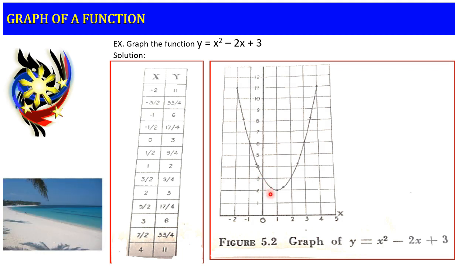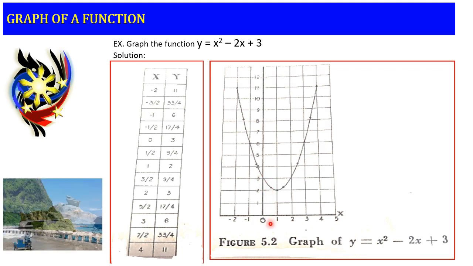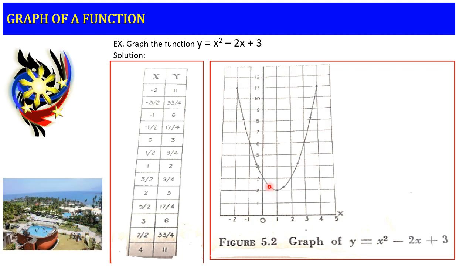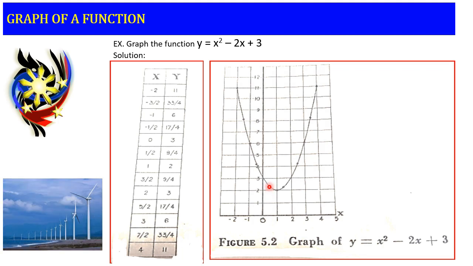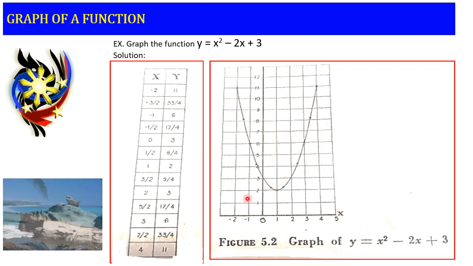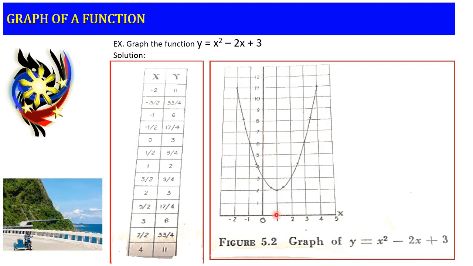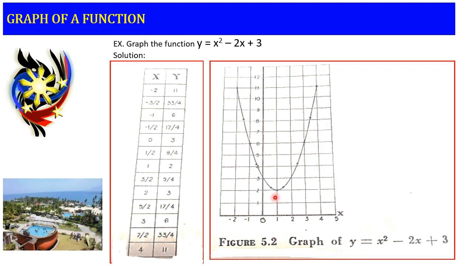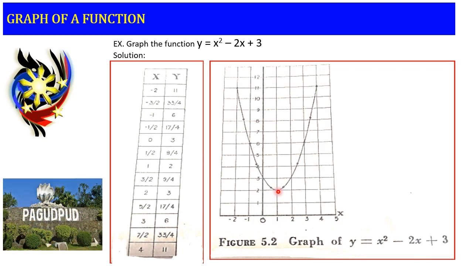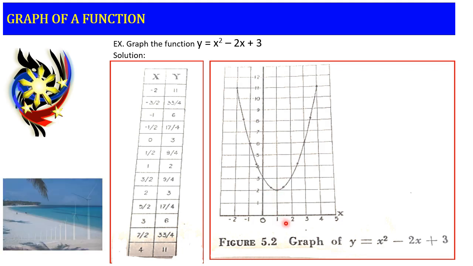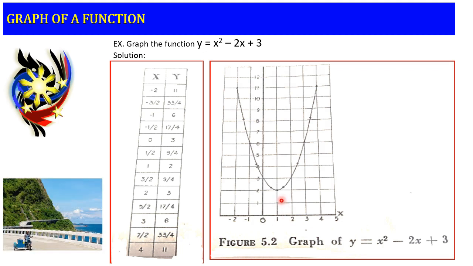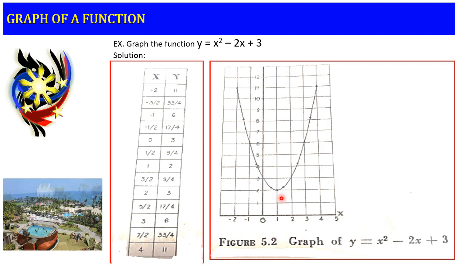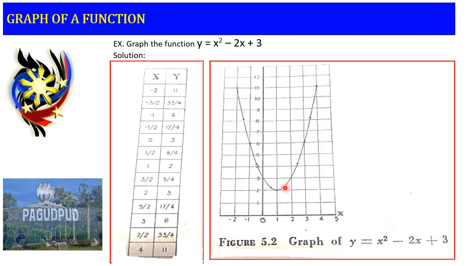Tapos kung positive 1 half, yan daw po ay magiging 9 over 4. Tapos kung 1 daw, edi 2. Ito yon. Kung 1 and 1 half, edi 9 over 4 ulit.